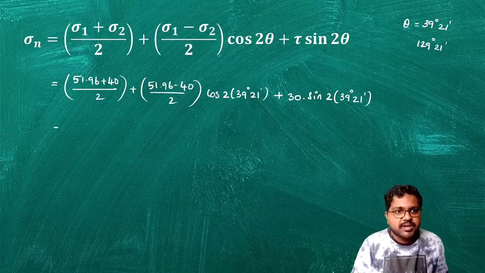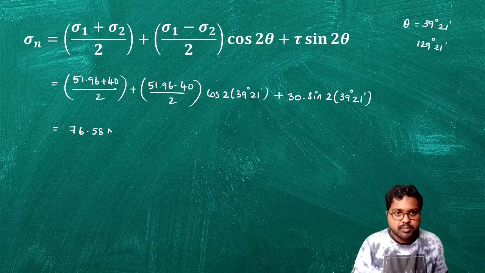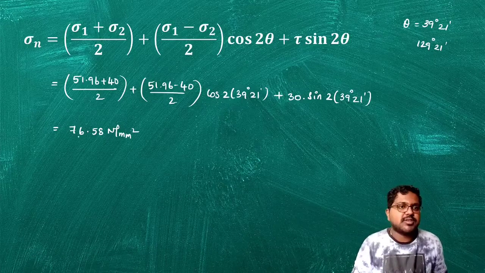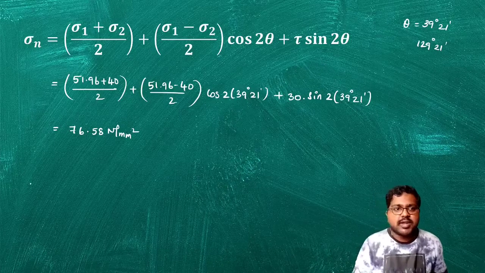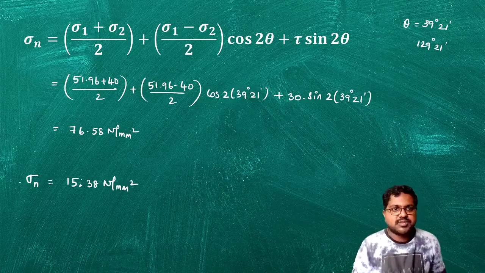If we simplify it, I'll get a value of 76.58 Newton per mm square, which is nothing but our major principal stress. In the same way, if I apply 129 degrees 21 minutes, I'll get the value of sigma n as 15.38 Newton per mm square. That is our minor principal stress.